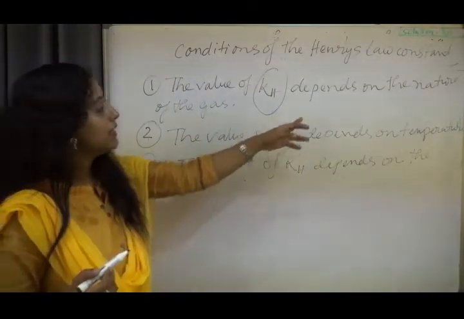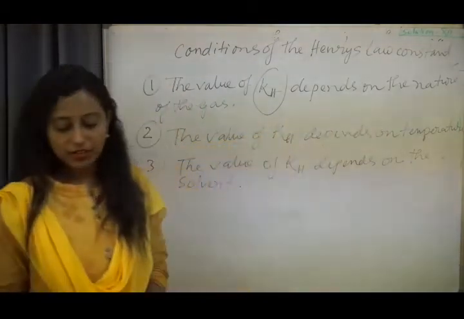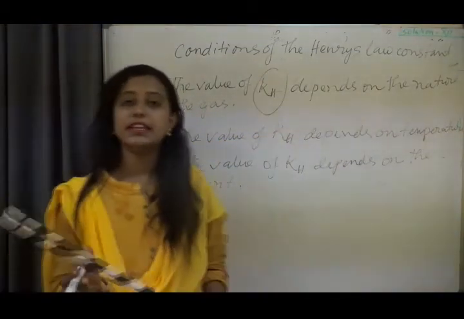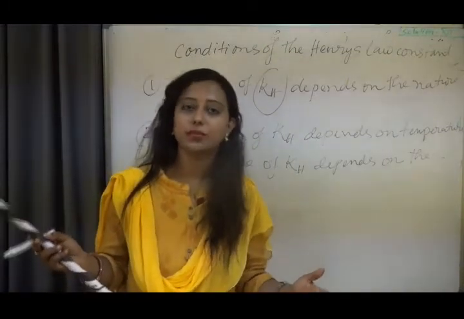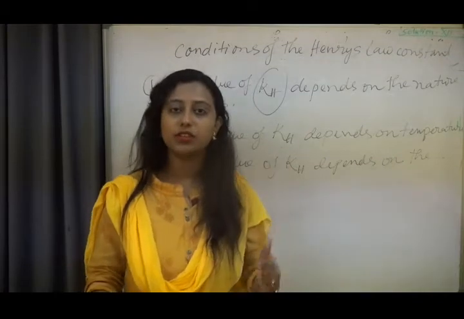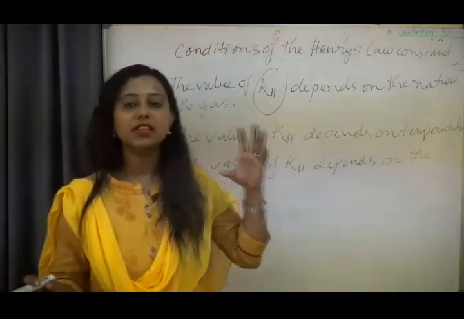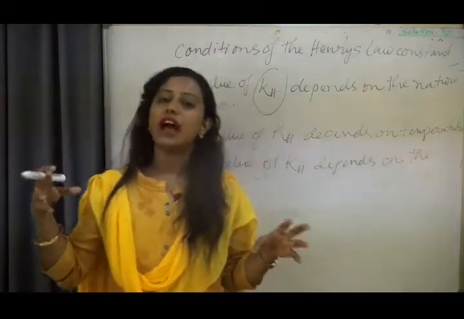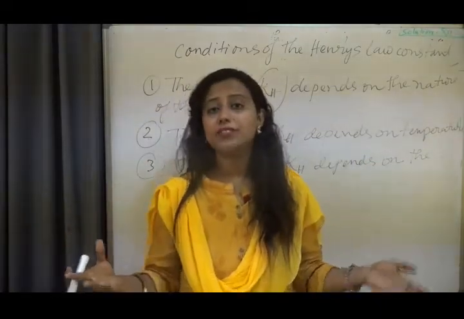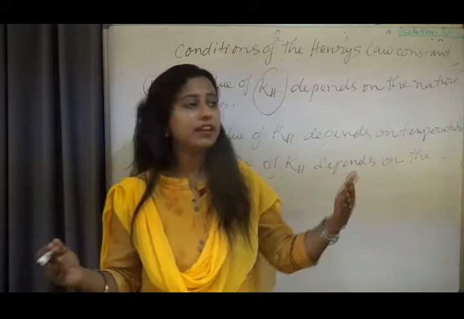First of all is the nature of the gas. This proportionality constant depends on the nature of the gas, that is, what type of gas is present in the solution. Suppose I have taken CO2, H2, or nitrogen. The intrinsic properties of these gases are different.